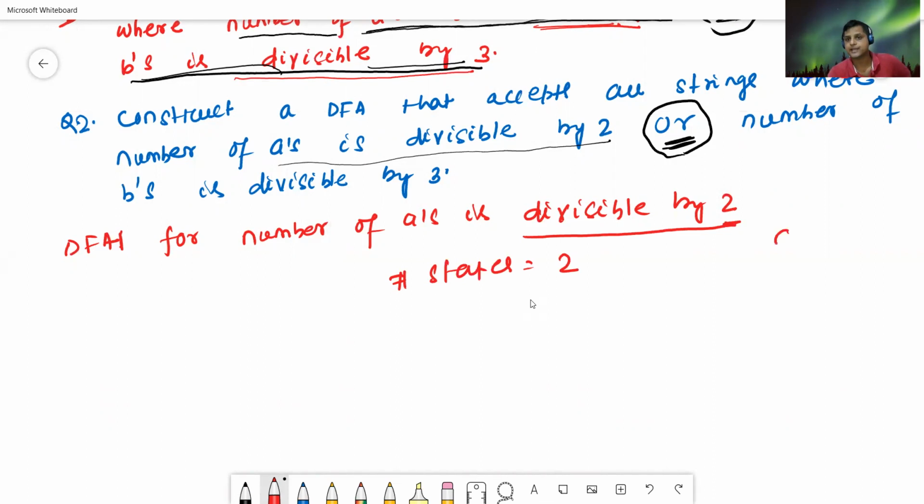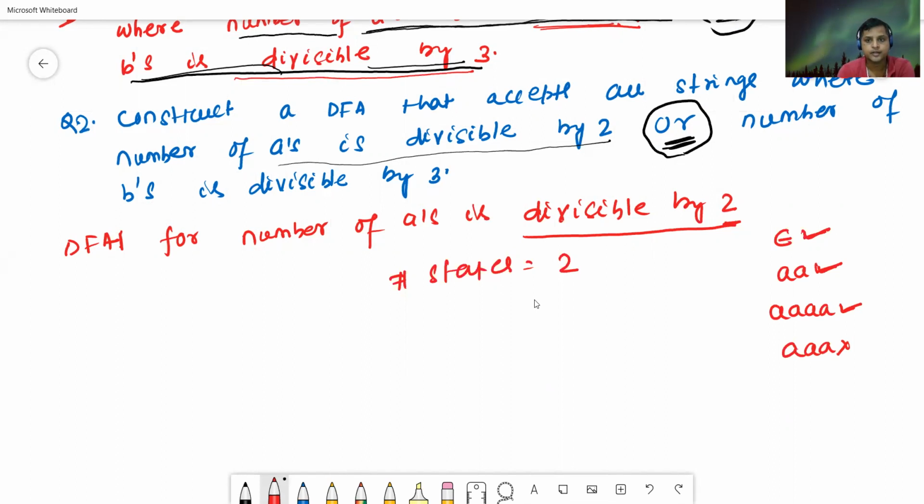Suppose epsilon is a valid string, because it is a zero length string. Double A is a valid string. 4A is a valid string. 3A is an invalid string, because epsilon is divisible by 2, double A is divisible by 2, and 4A is divisible by 2.